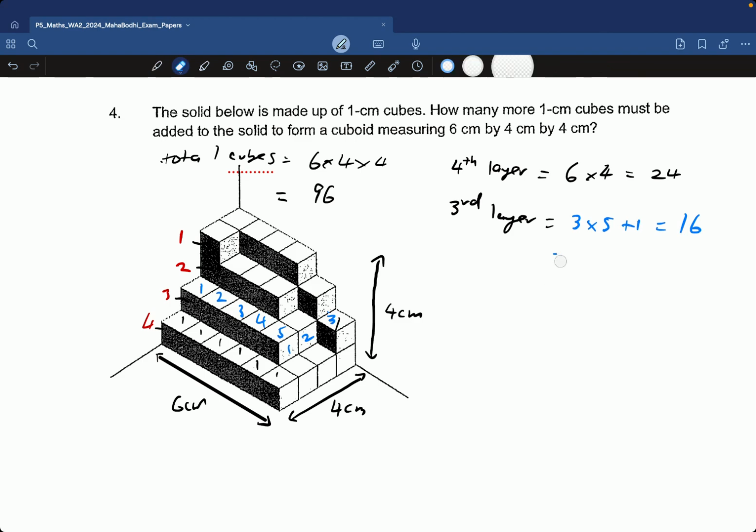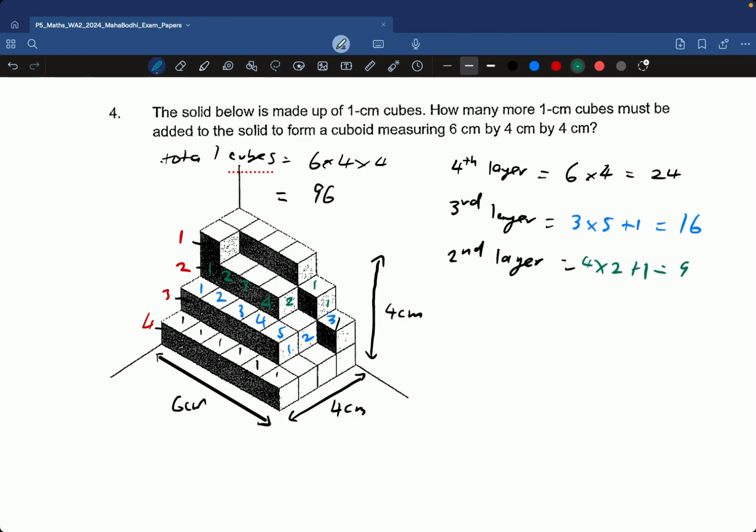Okay, the next one is the second layer. All right, so we're going to count. In the second layer we have 1 extra over here. So we have 1, 2, and then we have 1, 2, 3, 4. So that means it's 4 times 2 plus 1.